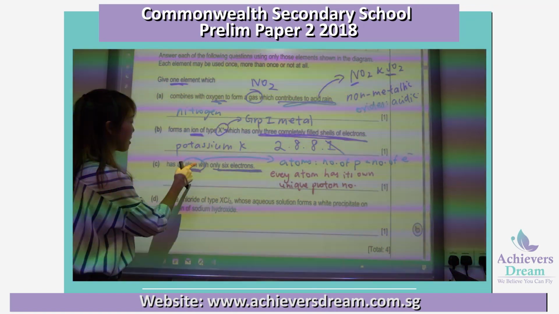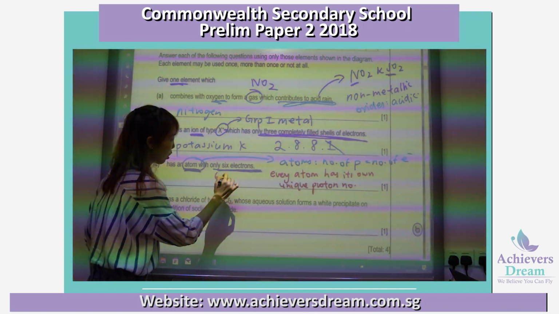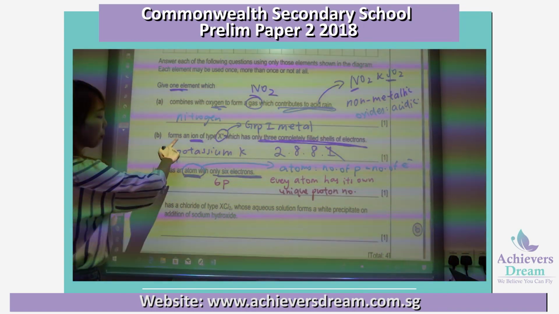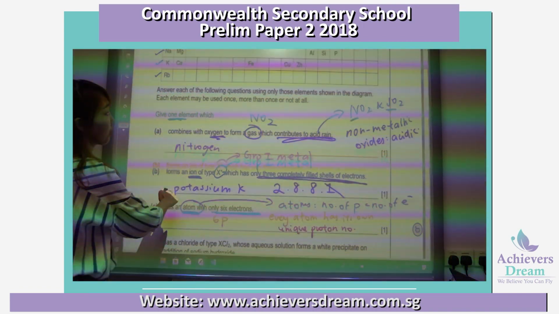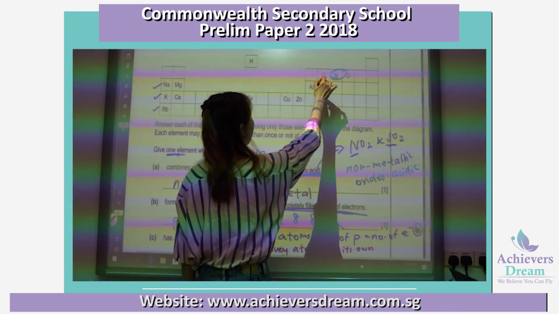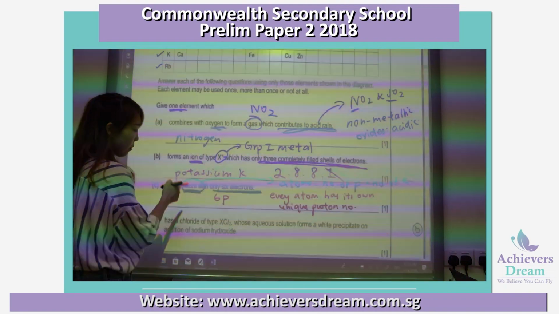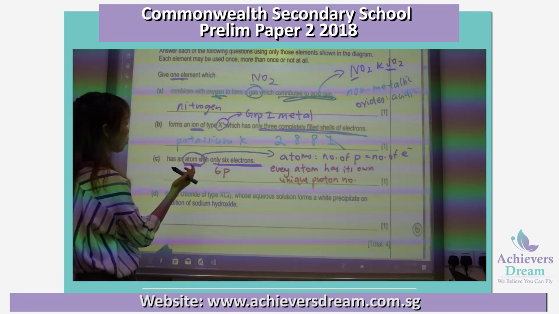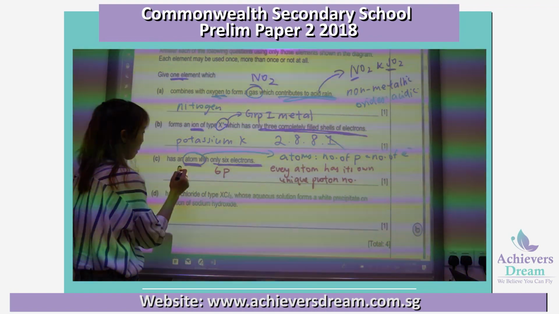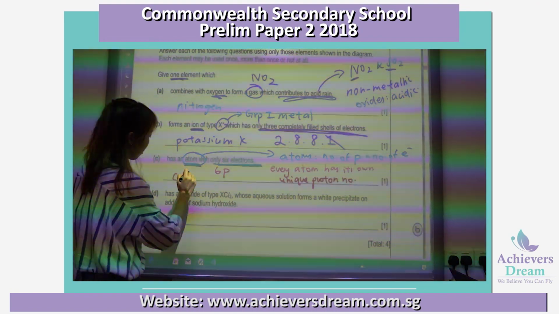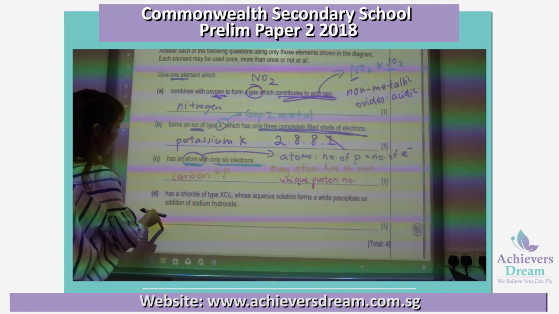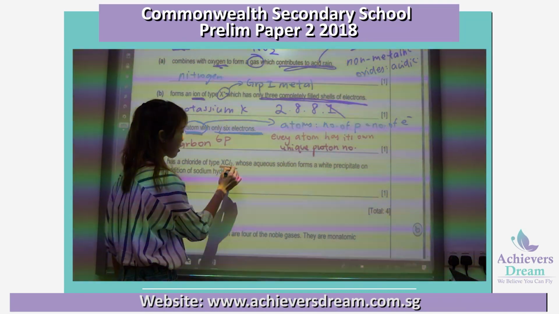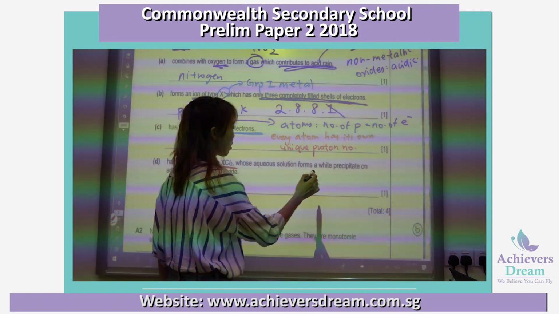So we know that this element has 6 protons because it has 6 electrons. There's only one element in the periodic table that has 6 protons, which is your carbon. You can refer to your periodic table to help you answer this type of question. So carbon.